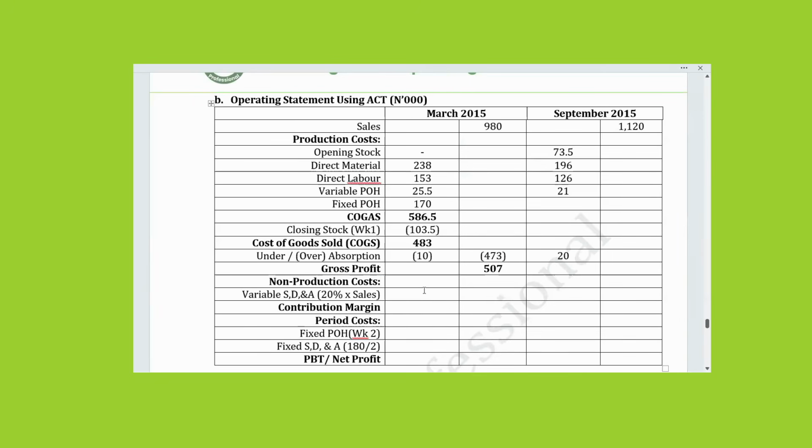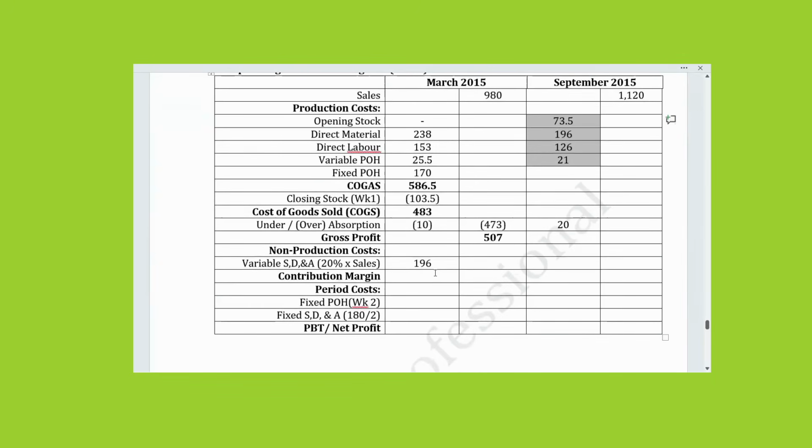Sales in March was 980. So what's 20% of 980? 196. 196. Okay, 196. All right.